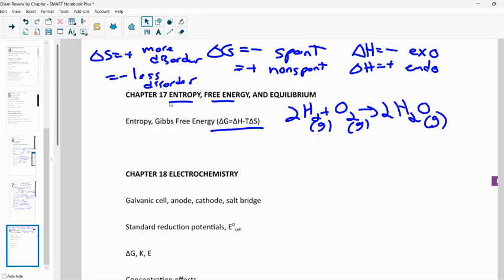From that, we can get an idea about what the delta S is going to be. Here, we're going from 3 moles of gas down to 2 moles of gas. That means we're becoming more ordered. So our delta S is going to be a negative value there.